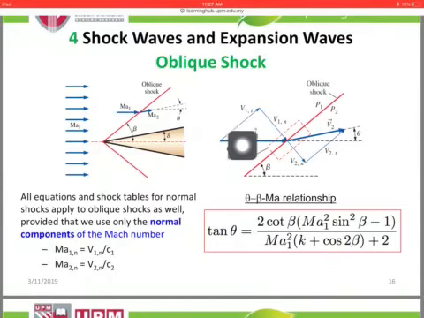So we can have the components of the velocity, which are V1t and also V1n. What is t? t is tangential to the shock, and n is normal to the shock. The same goes for the velocity after the shock. You can also have the components, but with a different angle.